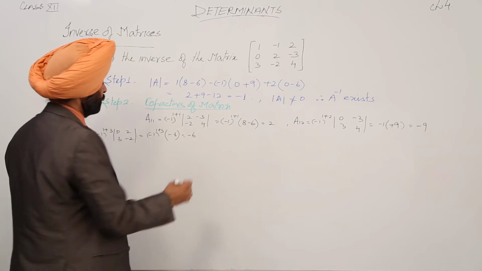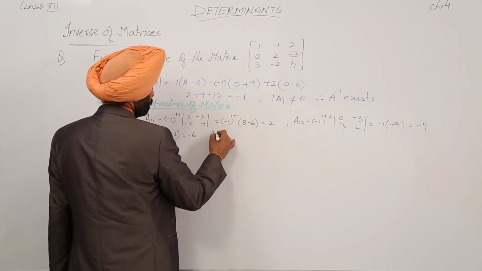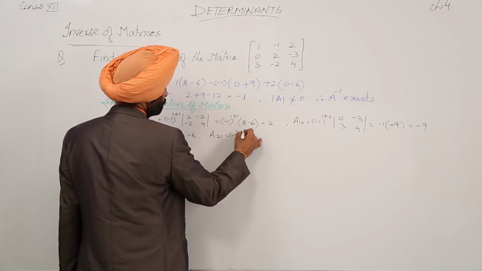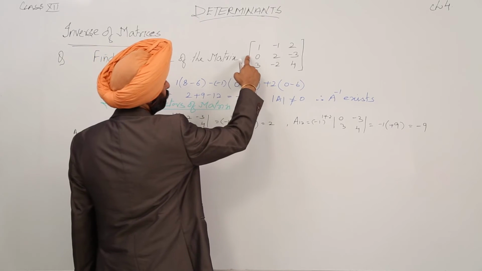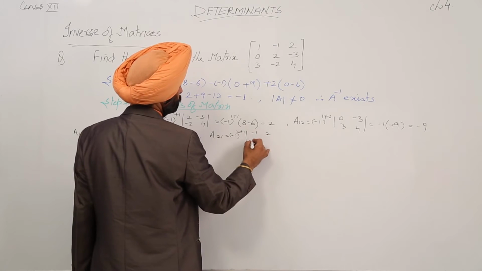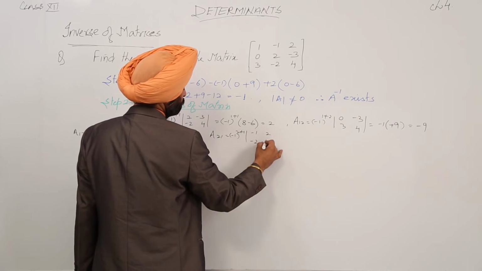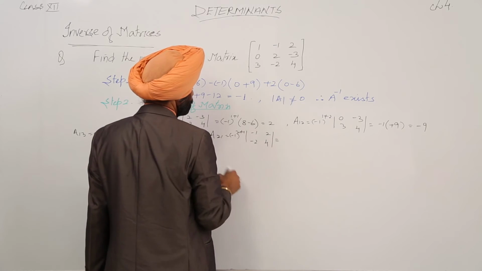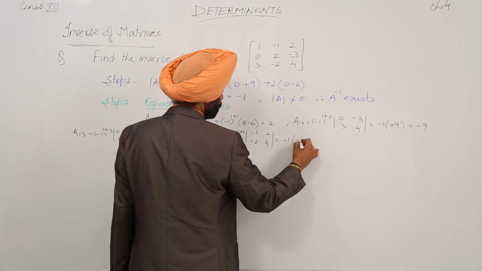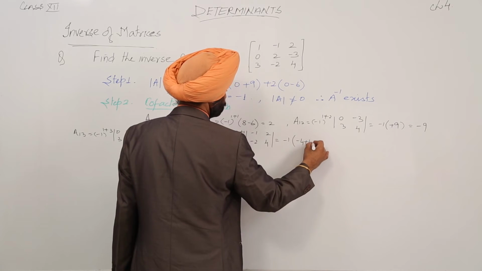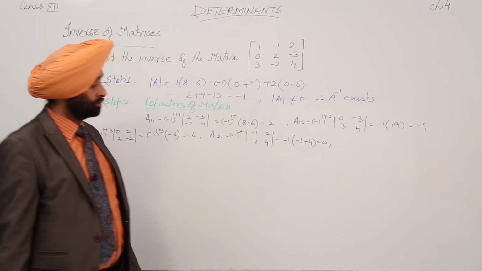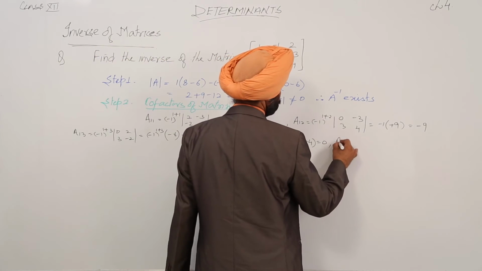Then we are having A21, which is equal to minus 1 raised to power 2 plus 1 with, now we are on this row and this row is deleted, we are having minus 1 2 and minus 2 4. So here it is negative, so we have minus 1 with minus 4 plus 4, this is equal to 0.